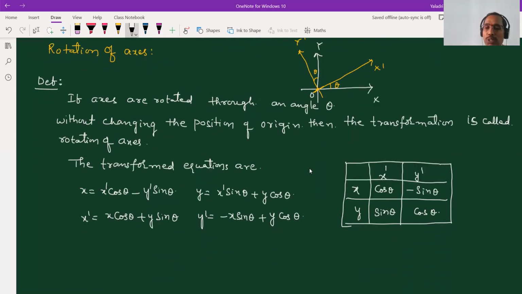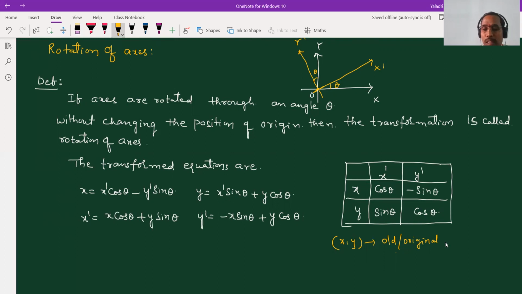Now, by using the table, we can write it easily, right? See here, don't get confused. I write one more here. So x comma y is the original. Next, after rotating the axis, how to write that?